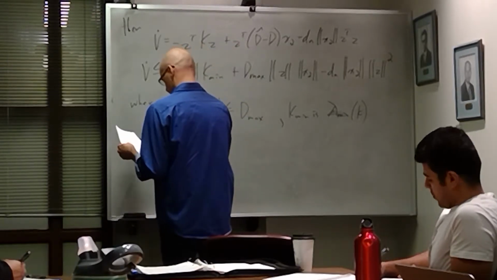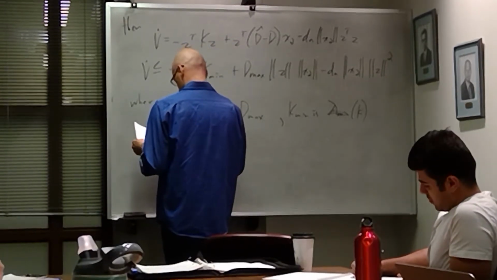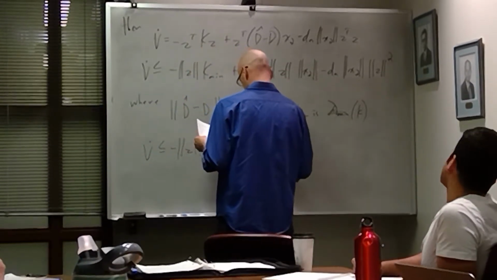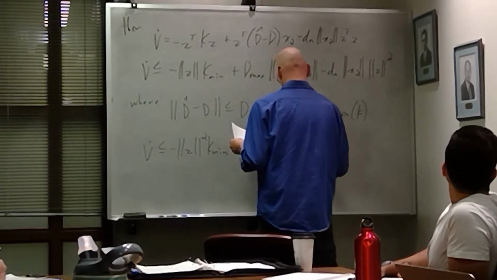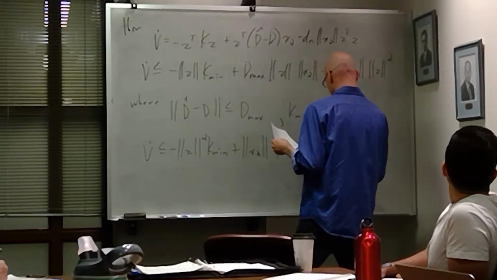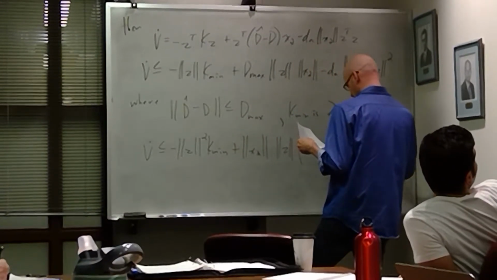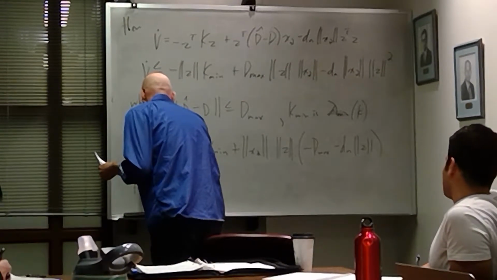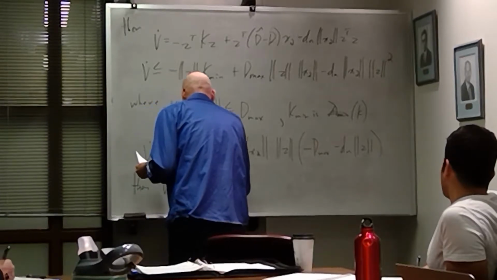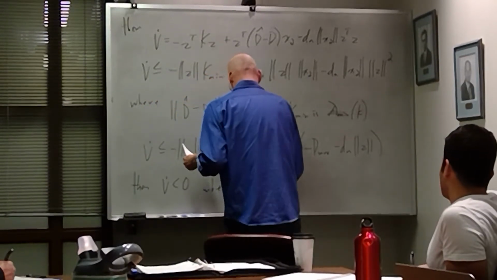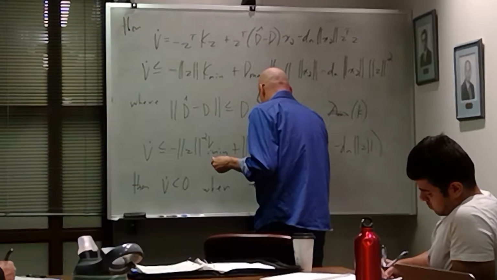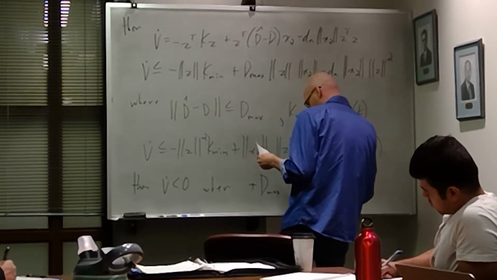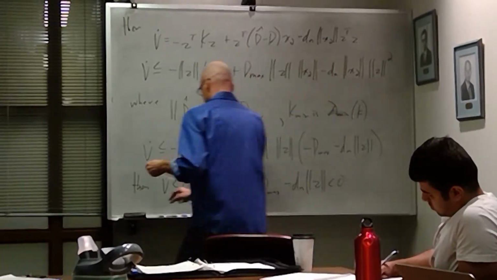So I get V dot is less than or equal to minus the norm of z squared times k min, plus the norm of x2 times the norm of z times dmax minus dn. Then V dot is less than 0 when dmax minus dn times the norm of z is less than 0.